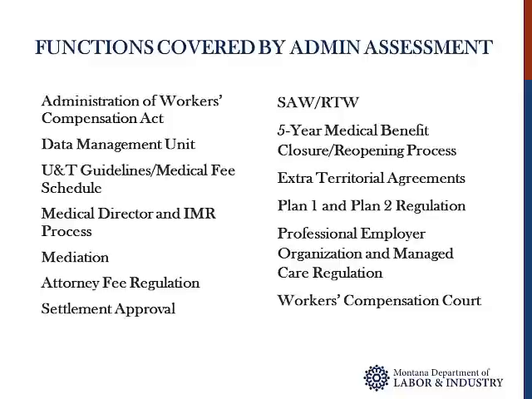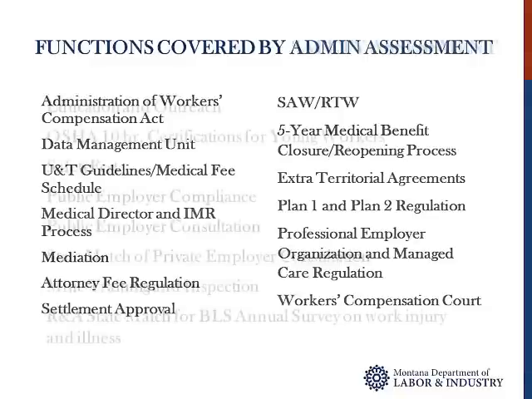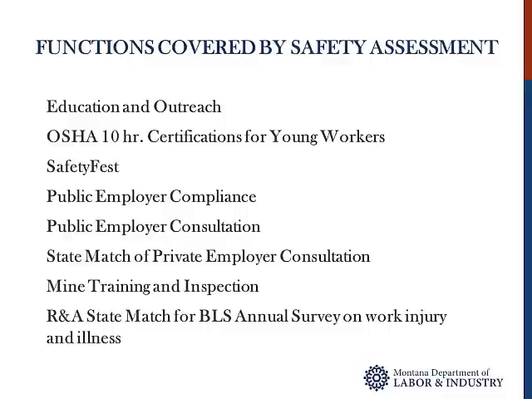In addition to these functions, there is a small portion of the assessment that covers work in the Office of Administrative Hearings located in the Centralized Services Division of the Department of Labor and Industry. This work is related to work comp functions in the state. The functions on this slide will be funded with the revenue from the safety assessment starting in fiscal year 2017.